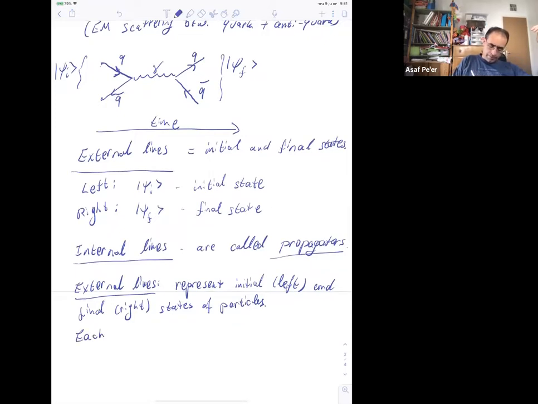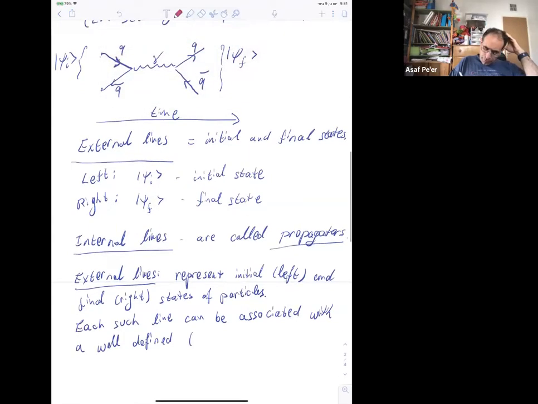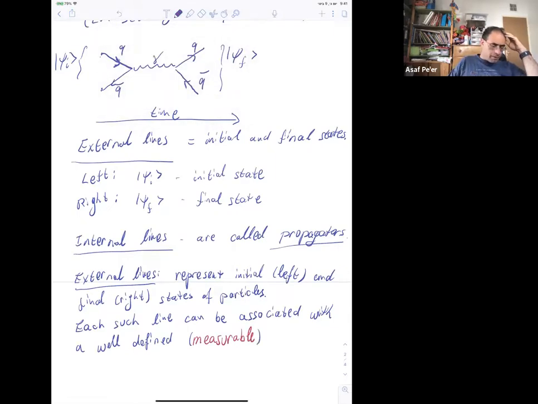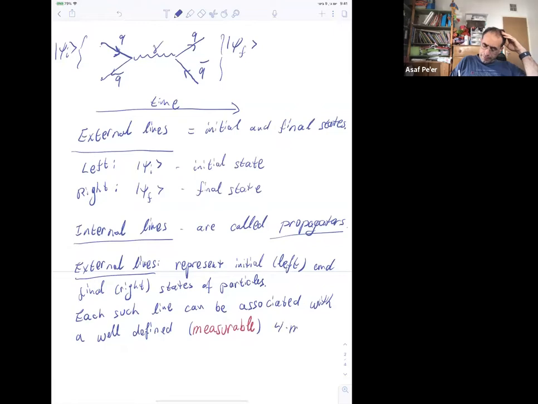Each such line can be associated with a well-defined, namely measurable, four-momentum, P mu, Pi mu.